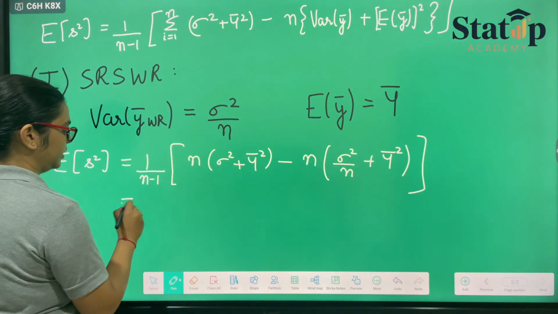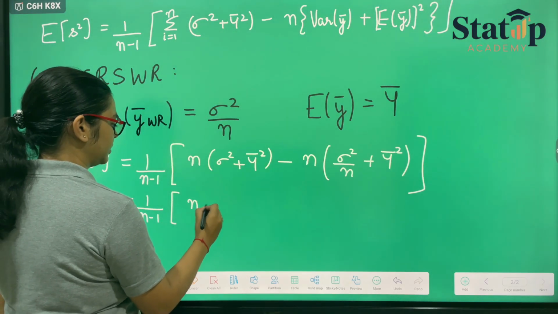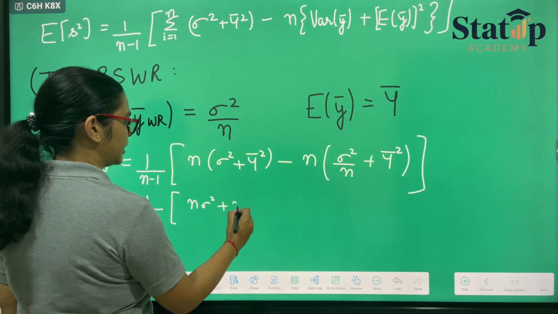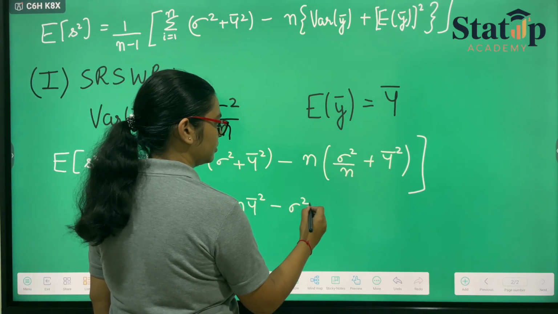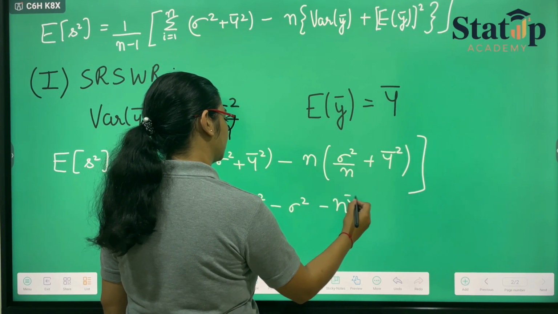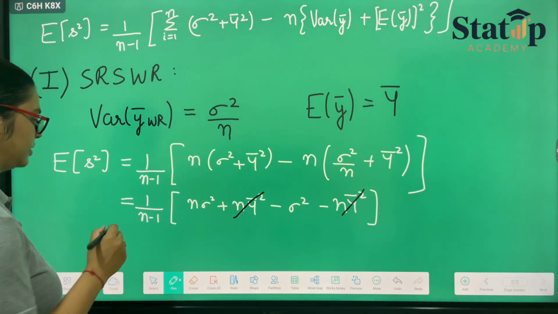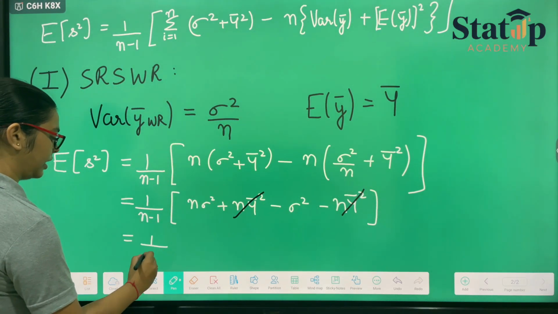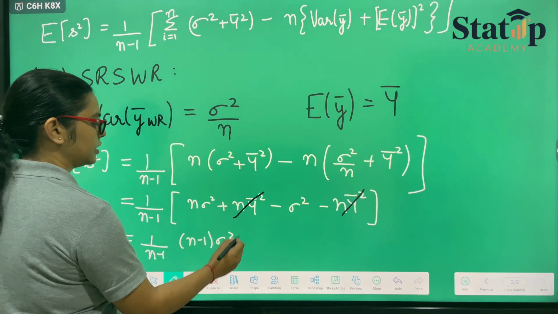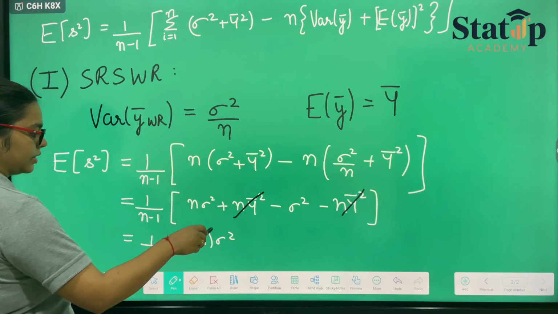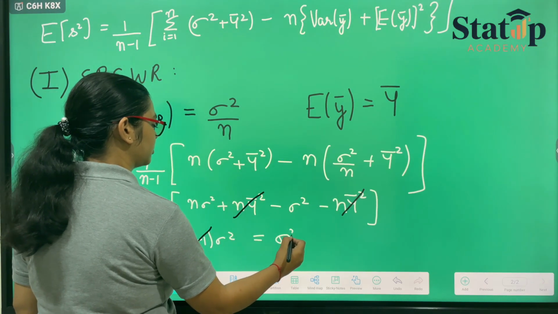Now opening the brackets, 1 upon n minus 1, n sigma square plus n Y bar square minus sigma square minus n Y bar square. So plus n Y bar square and minus n Y bar square get cancelled, and we are left with 1 upon n minus 1 into n minus 1 sigma square. Taking sigma square common, we are left with n minus 1. So these two also get cancelled and we are left with sigma square.